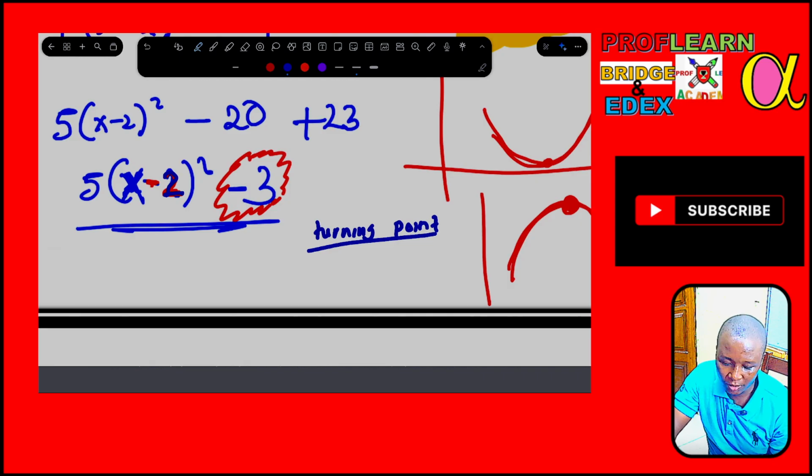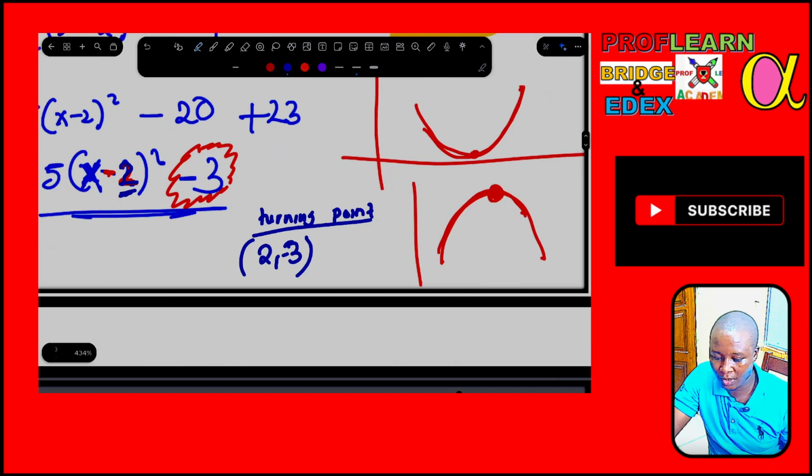You take the opposite sign. If it's negative, you take positive. If it's positive, you take this number to be negative. So this is going to be positive 2, comma, minus 3. Now that becomes the turning point, maximum point or minimum point, the coordinate for that.